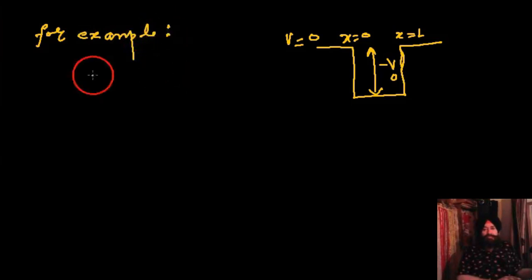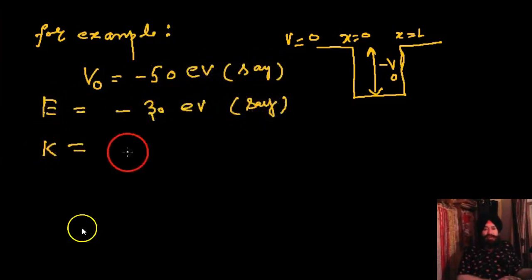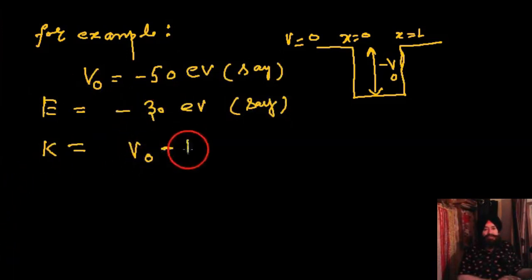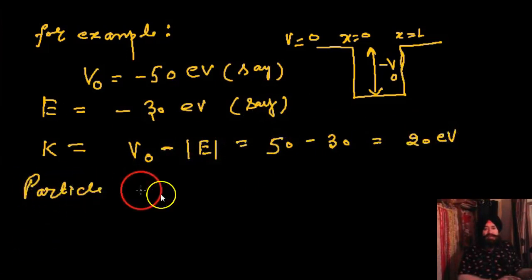For example, if the potential energy is minus 50 electron volt, meaning the depth of the well potential, and a particle is inside having total energy minus 30 electron volt, then what will be the kinetic energy? Very simple. Kinetic energy will be simply 50 minus 30, 20 electron volt.